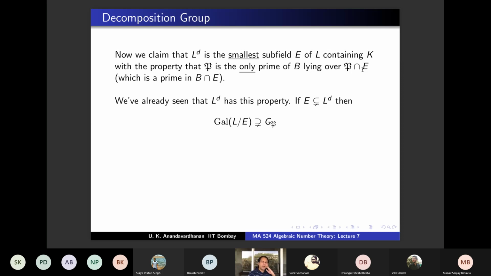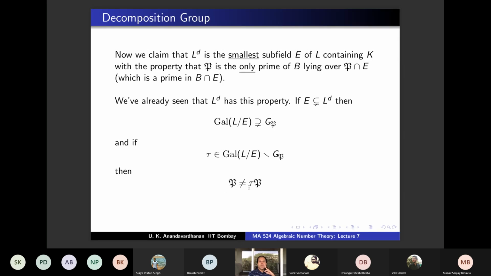This is from Galois theory. Because this strictly contains, there will be a sigma outside this. And because sigma is outside this, sigma P is not P. So there is a tau outside this, and tau P is not P.